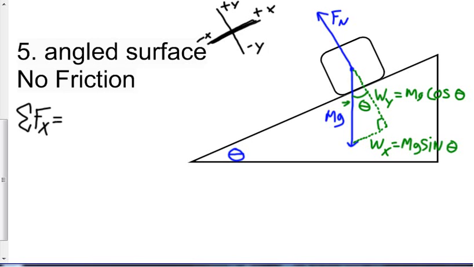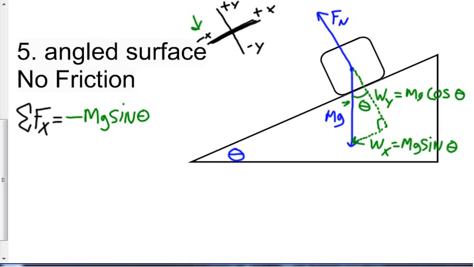So we've broken the weight down into components. Sum of the forces in the x direction. Weight is acting down the plane. Now, in my convention, that's acting in the negative x direction. There's no forces acting in a positive x direction in this particular case, so I don't have any positive forces. So I start off with a negative, and I write this as mg sine theta, taking this side right here.